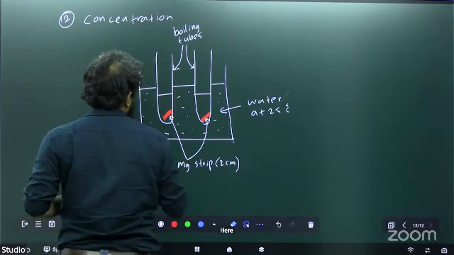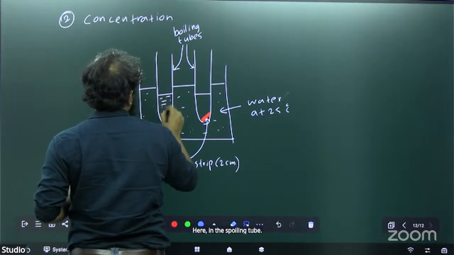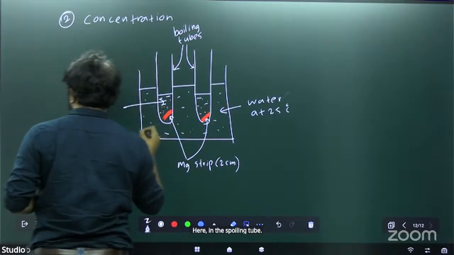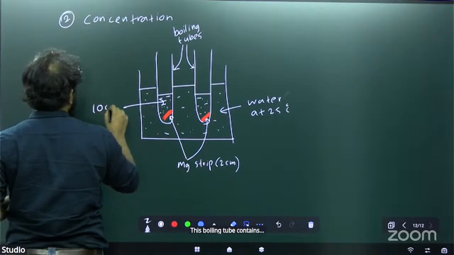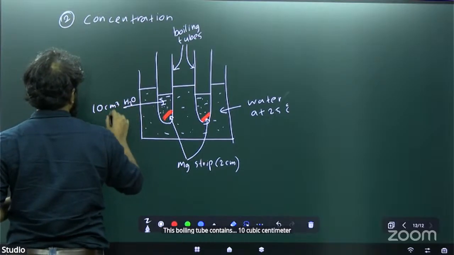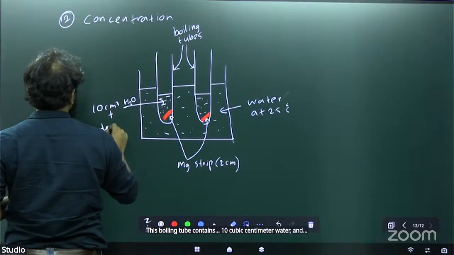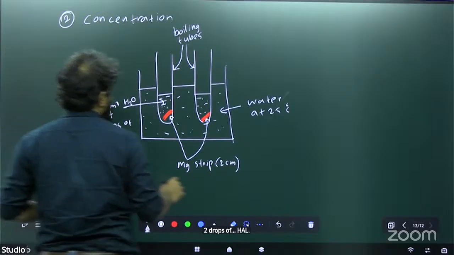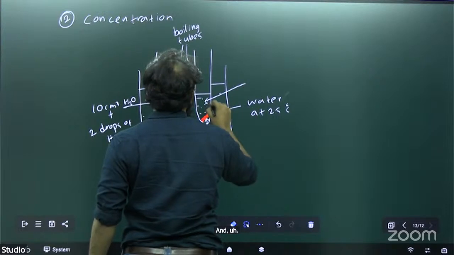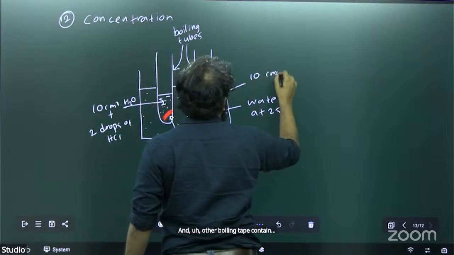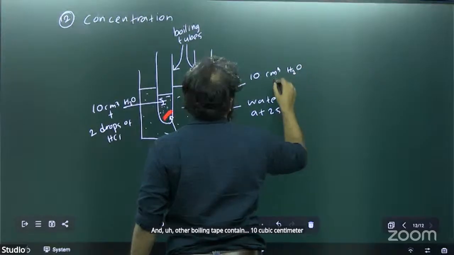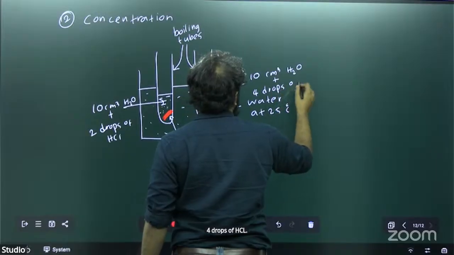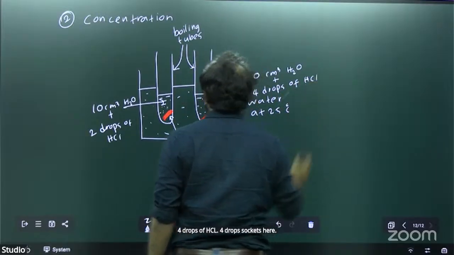Here in this boiling tube, this boiling tube contains 10 cubic centimeter water and 2 drops of HCl, and the other boiling tube contains 10 cubic centimeter water and 4 drops of HCl, right?